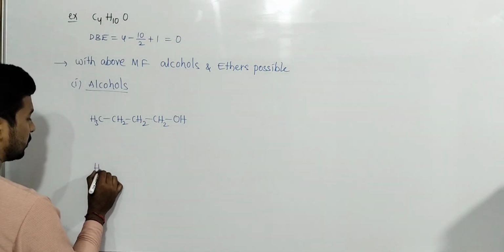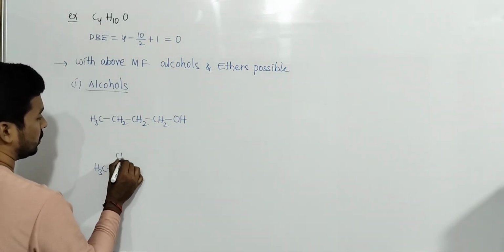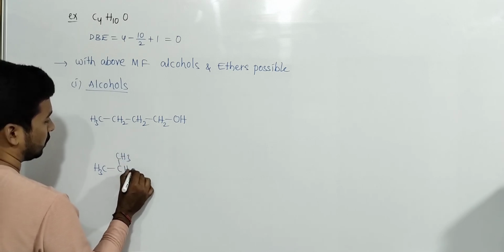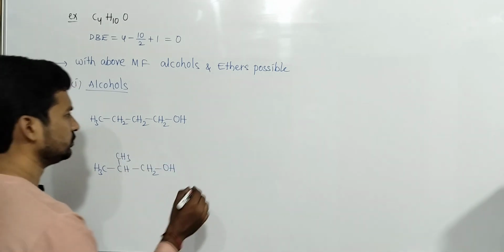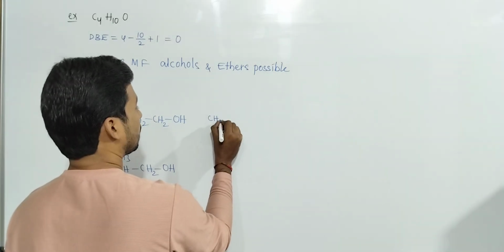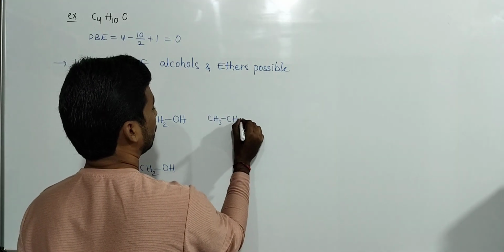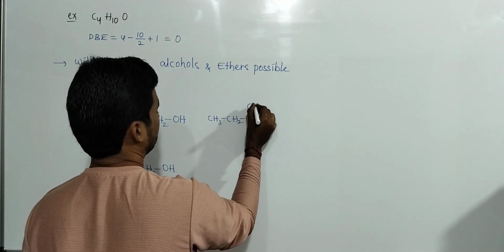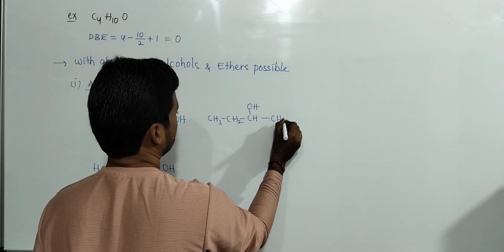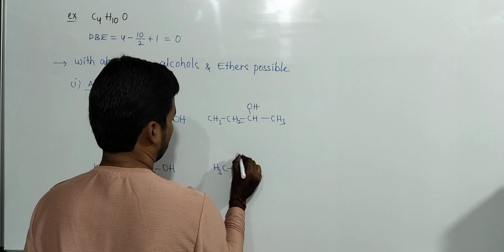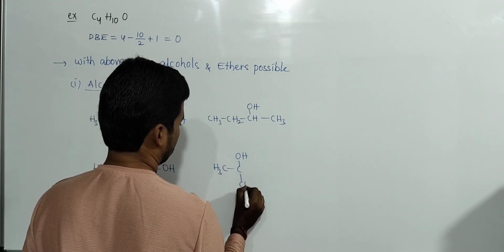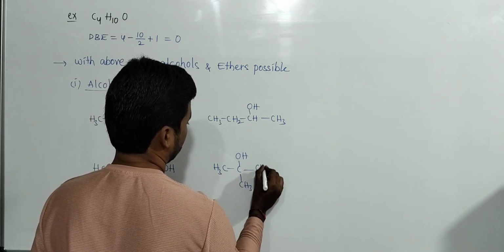Next CH3, CH3, CH2, OH, another. Then CH3, CH2, CHOH, CH3, the third. Then CH3, COH, CH3, CH3.